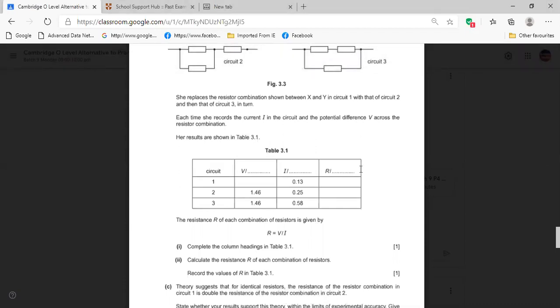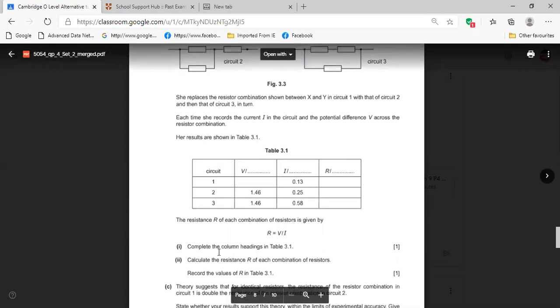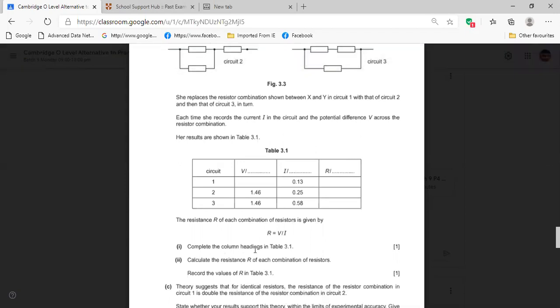They are asking you to give the column headings. That means the quantity is already labeled, so you have to write the unit in the space.